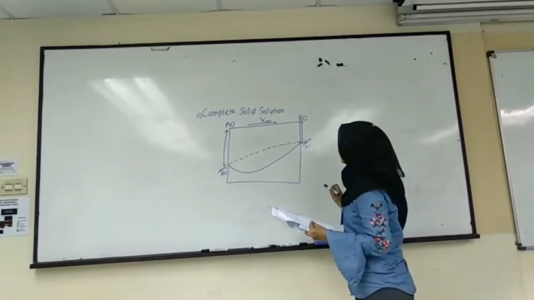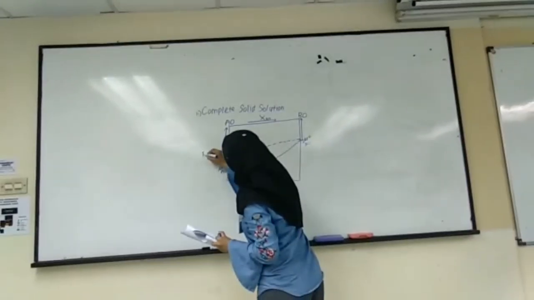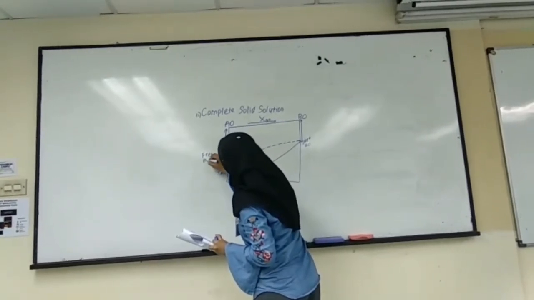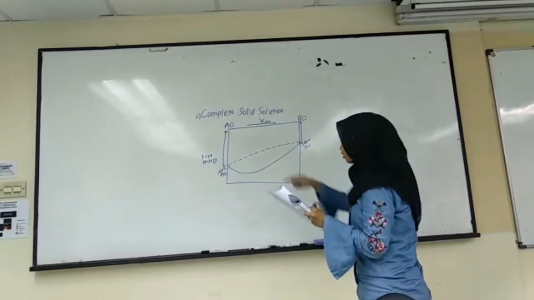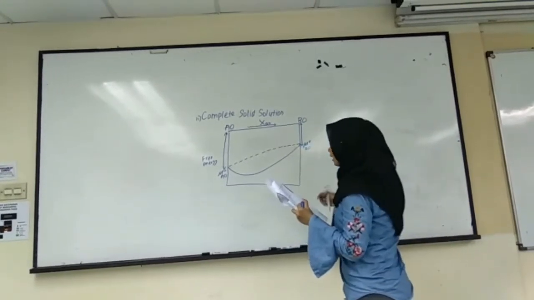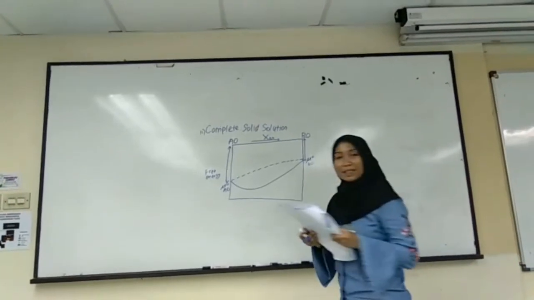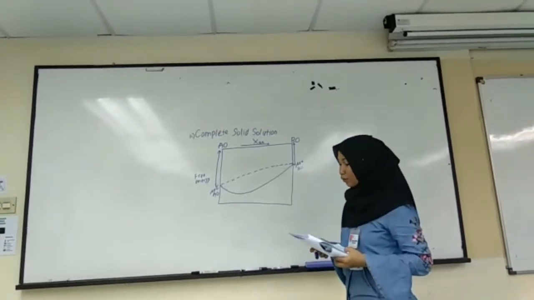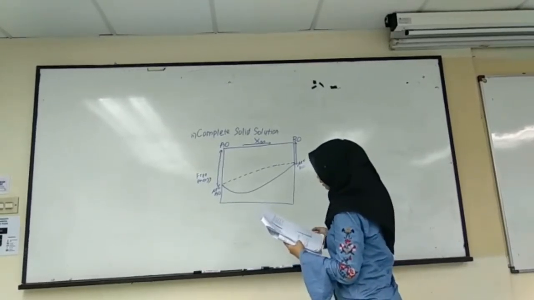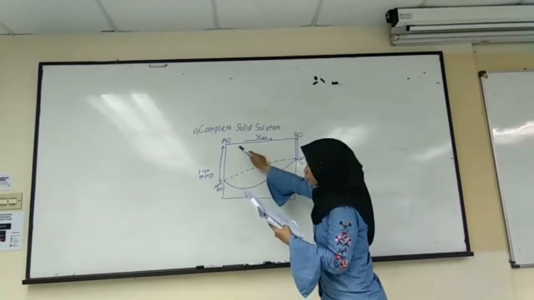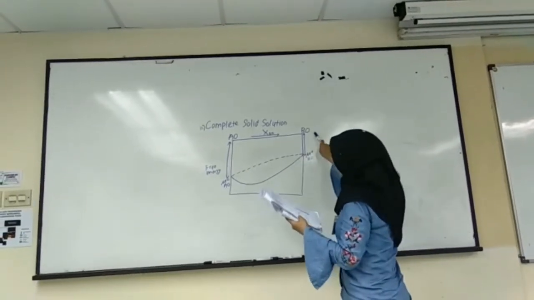The free energy versus composition diagram for a system that exhibits complete solid solution consists of two vertical axes that represent pure AO and pure BO.